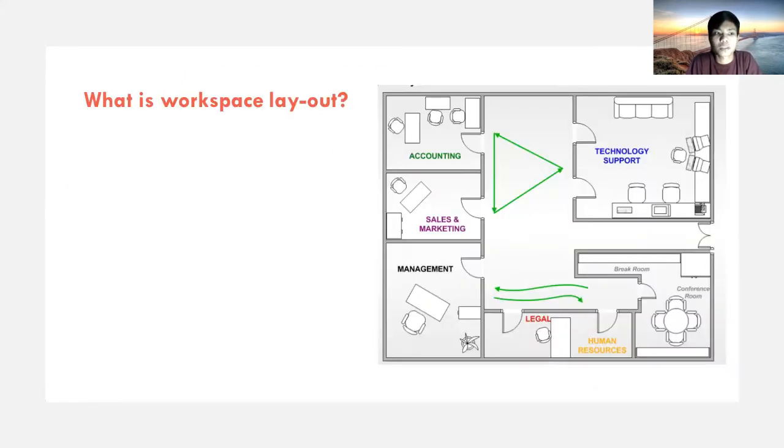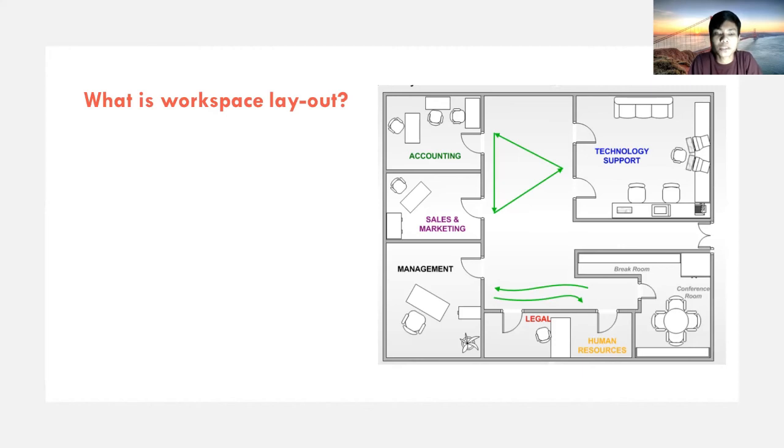So first, defining what a workspace layout is. But before we proceed to the workspace layout, let us know first what a workspace refers to. This is an office, or any workspace, where an employee or worker performs his responsibilities and duties.